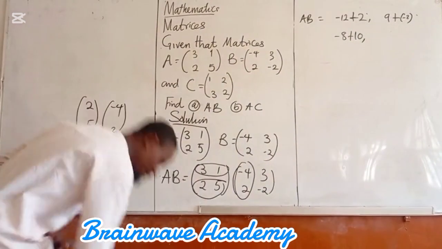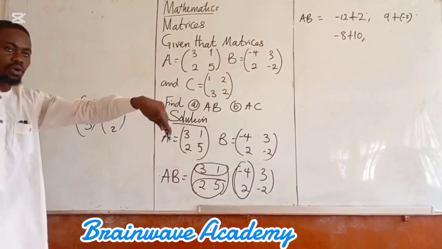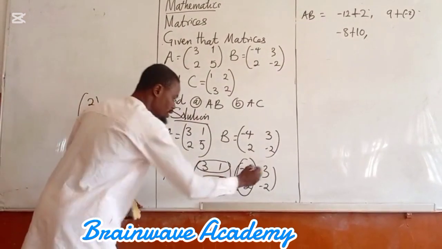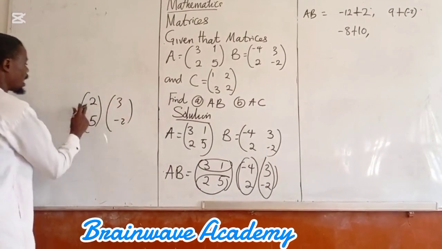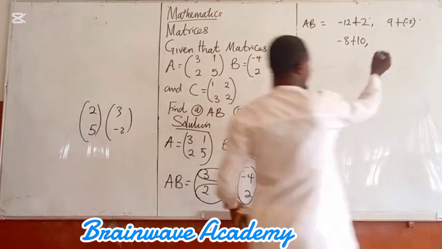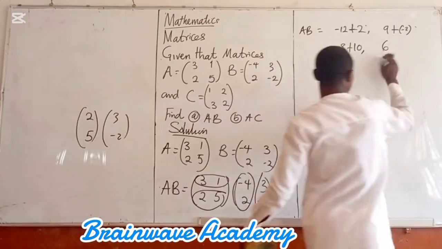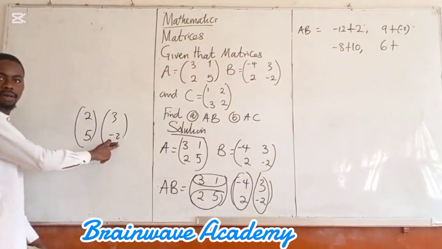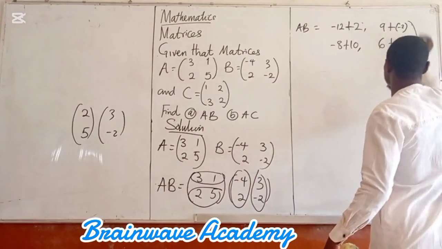Remember that I use this second row to multiply the first and second column, so I replace the first column with the second column, which is 3 and -2. 2 times 3 is 6, plus 5 times -2 is -10. It's very, very easy.